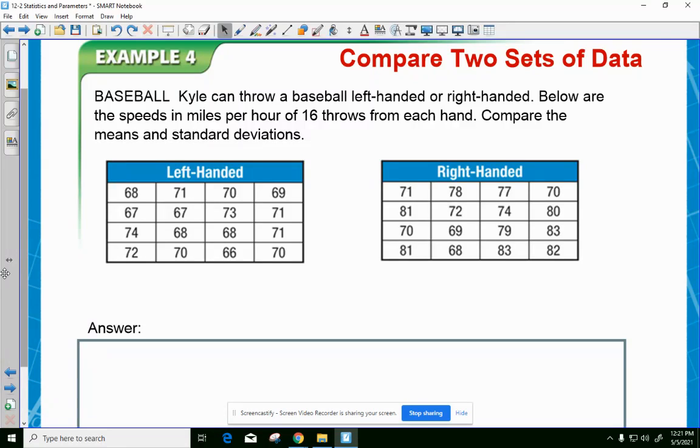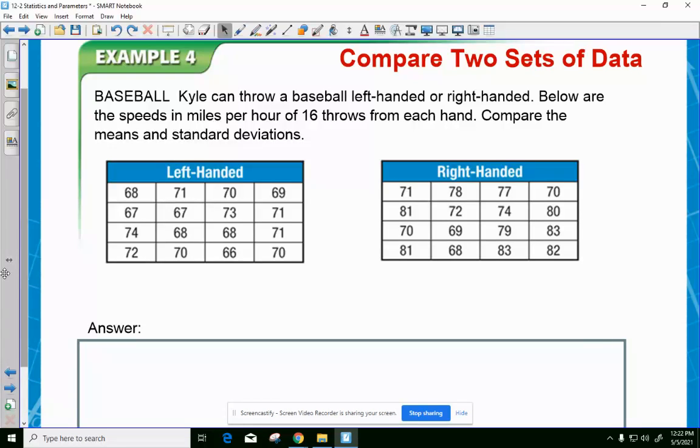Can somebody give me the mean for his right-handed pitches? Jack, what do you got? 76.1. Okay, so miles per hour again. And his standard deviation there, Lily, do you have that? 5.43.